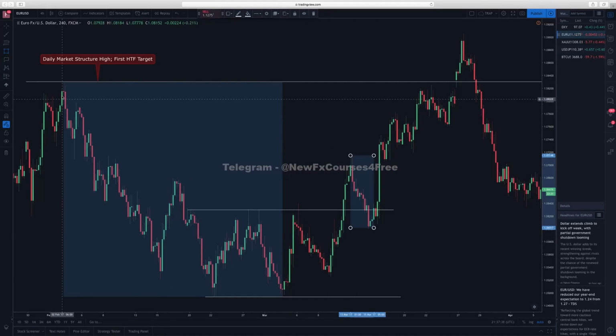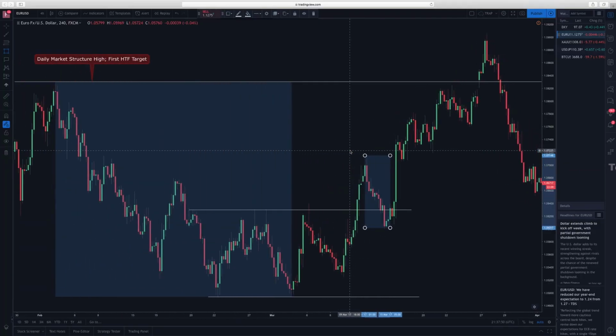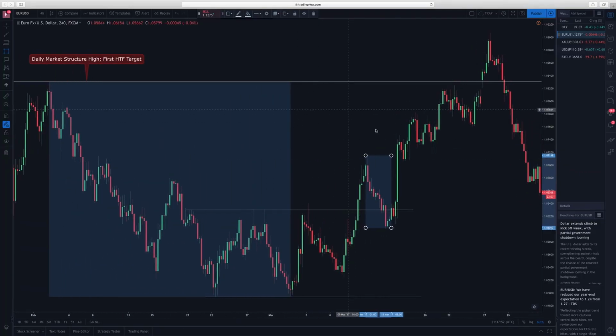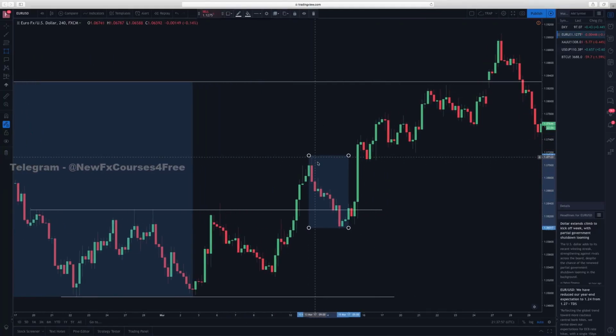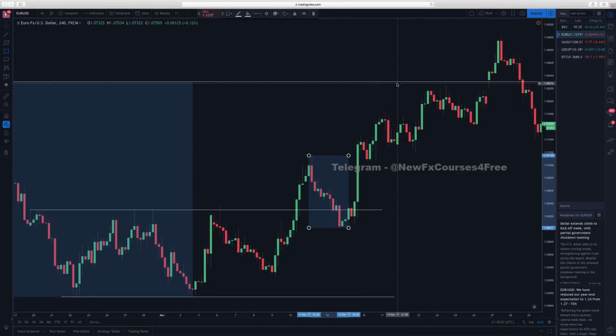So the same way that you would try to get long from this daily movement down by waiting for a market structure break on the 4 hour to get long on the big movement up, is the same way that you would go to a lower time frame and then wait for this movement down on the H4 to end via a market structure break, and then catch a nice little decent entry on there to get long on this H4 movement.